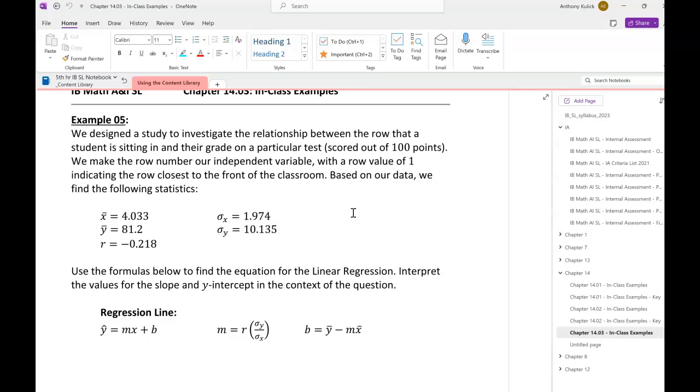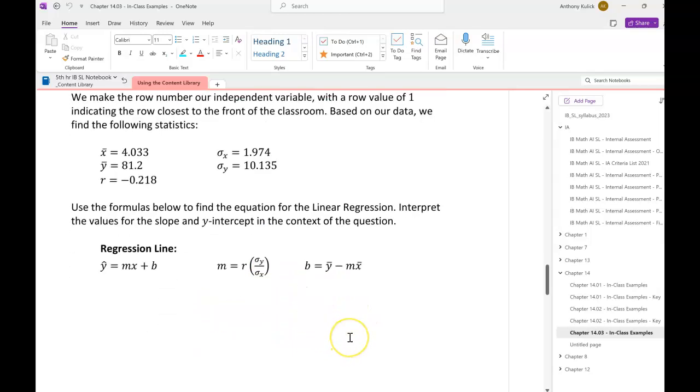Use the formula below to find the regression equation for the linear regression. Interpret the values for the slope and y-intercept in the context of the equation. So you're writing this equation, and it's telling you that to calculate the m, you need to do this, and the b, you need to do that. I think this is our last question. Oh, no, there's one more.